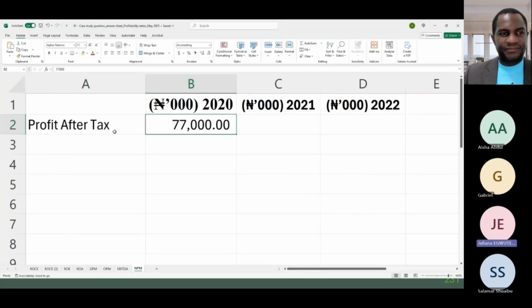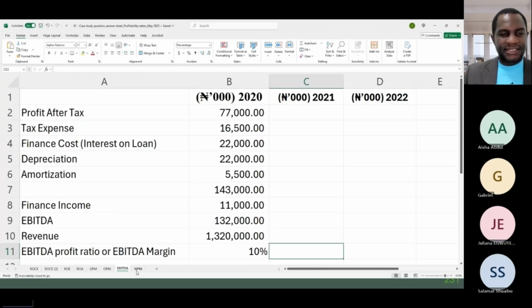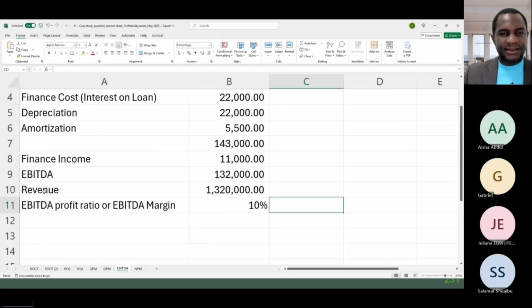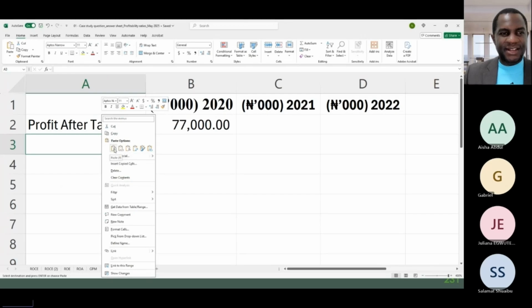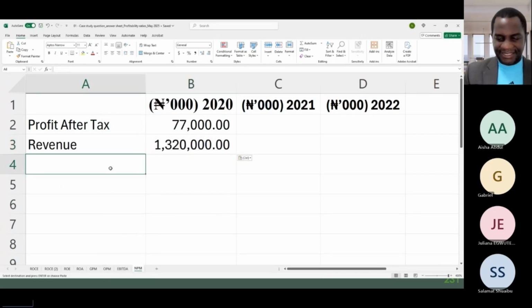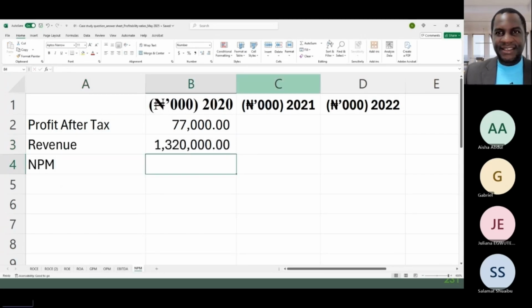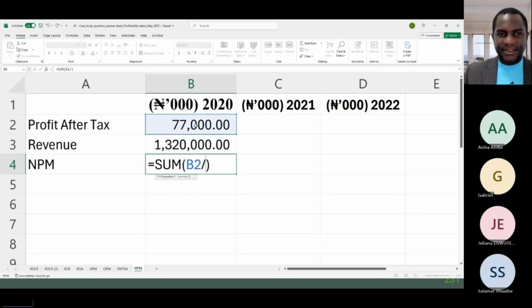That's 55.83%. Across board. Fantastic. So let me just take Julie's calculation and do it across board. You see, it's very simple; she has even calculated everything. NPM is 77 divided by revenue.